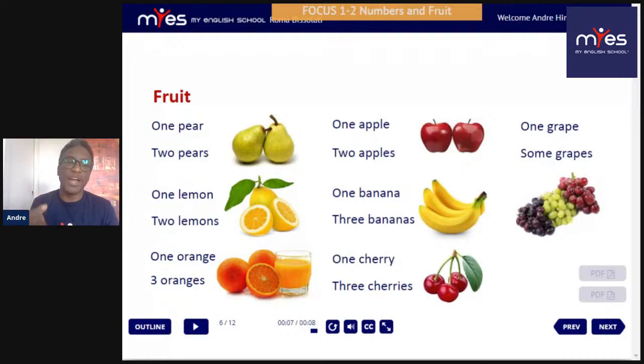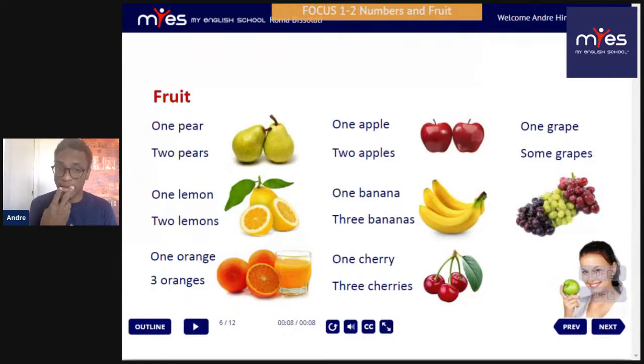There are too many grapes in this case. So we just use some grapes. There could be 12, there could be 20, it could be 15 grapes, but we're not going to count the grapes. So we just use some. So you can say one grape, but for plural, some grapes with the plural S, because there are too many grapes to count.